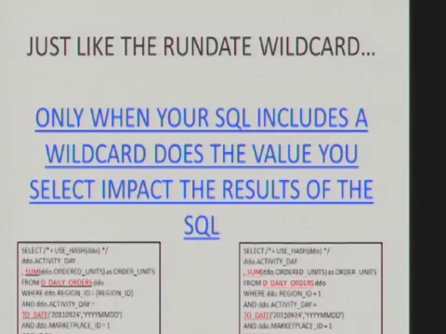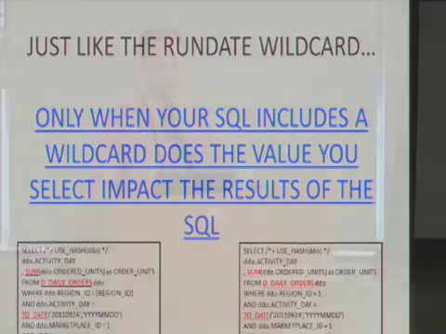One that's hard-coded to 1. This one is going to use whatever region ID is set for that job because it's using the wildcard. That one has no wildcard, so it's not going to be impacted. You could have selected region ID 2, and it's still going to run for region ID 1 because that's what's hard-coded in.